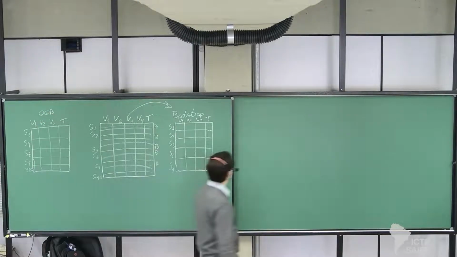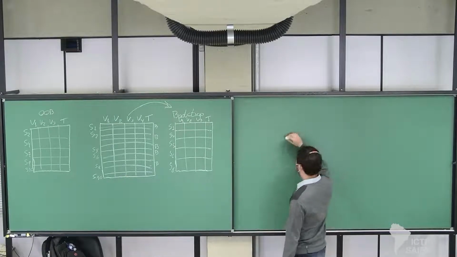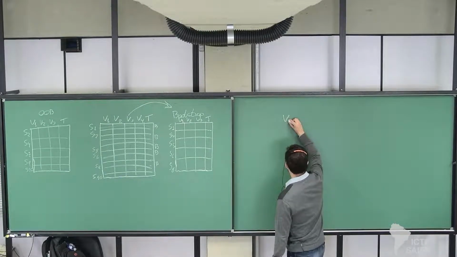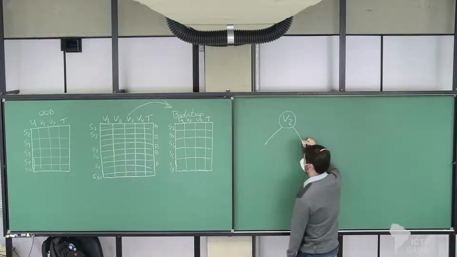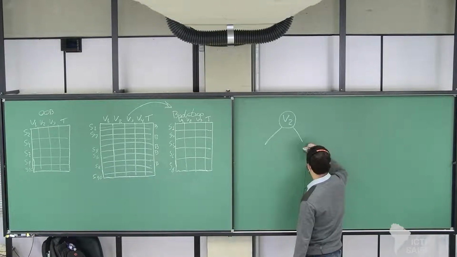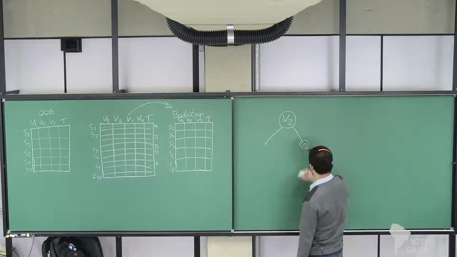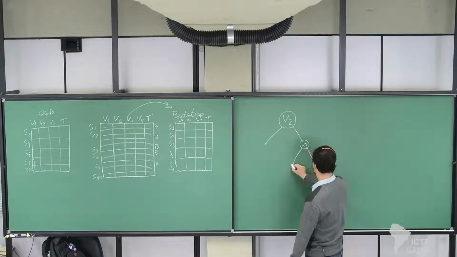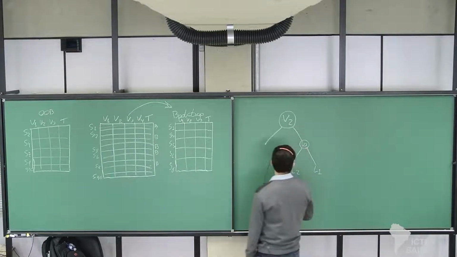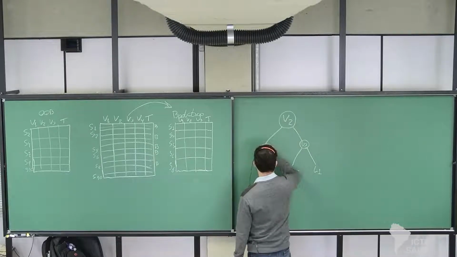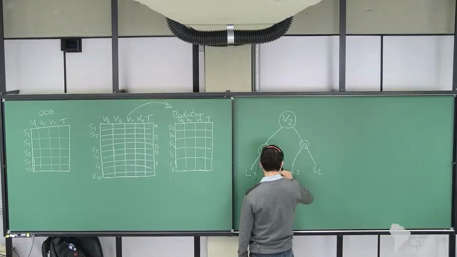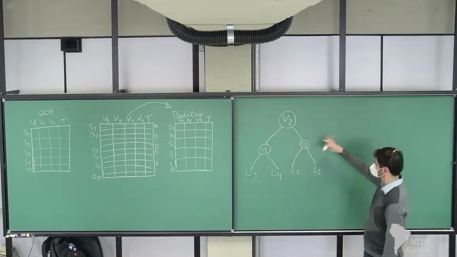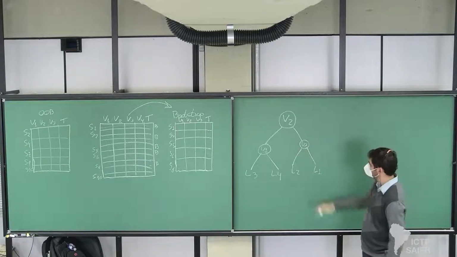Now suppose I construct a decision tree, and this decision tree has, I don't know, variable 2, then variable 3, let's say, then here is leaf 1, leaf 2, then it can be, I don't know, variable 1, leaf 3, leaf 4, okay? This is a decision tree constructed with the bootstrap sample.